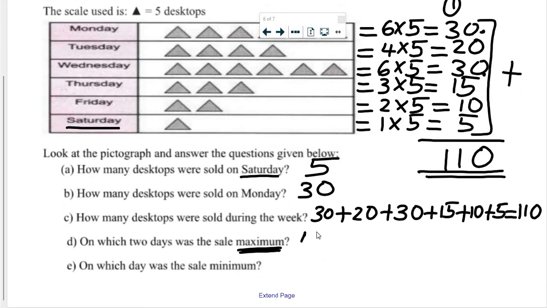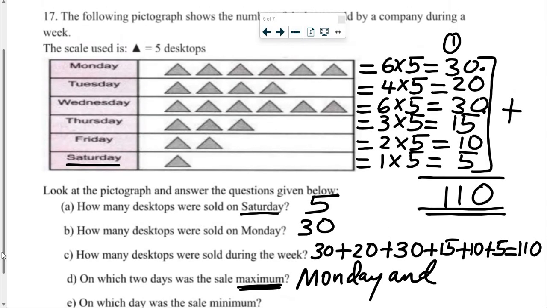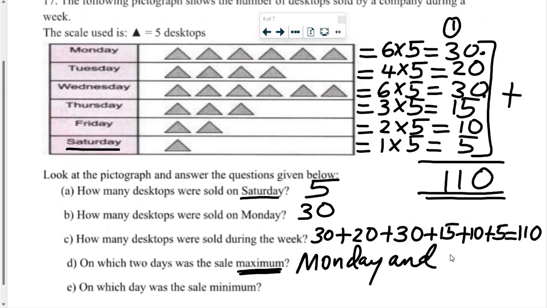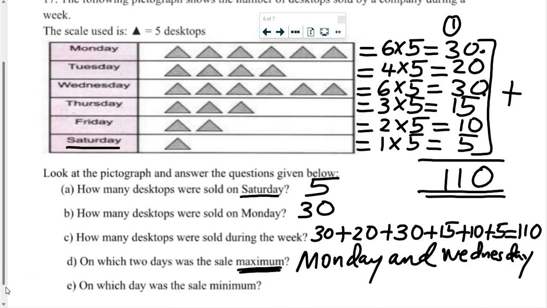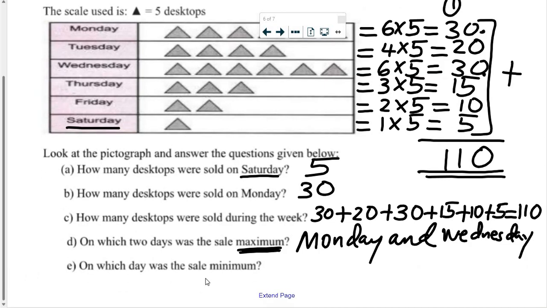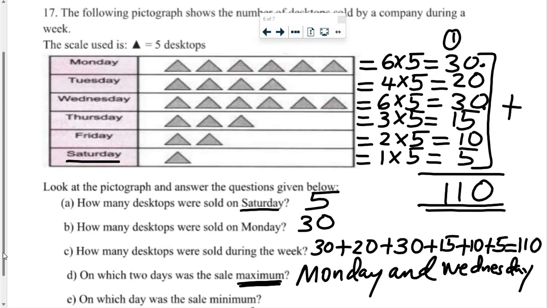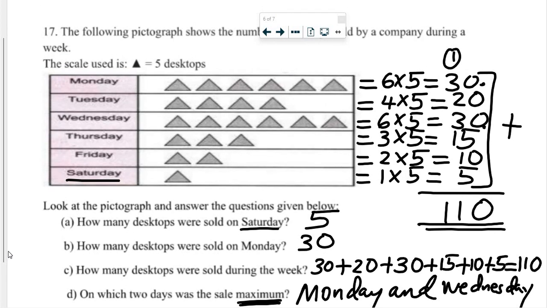So here you write Monday and Wednesday. On which day was the sale minimum? Look at which day has very few symbols.